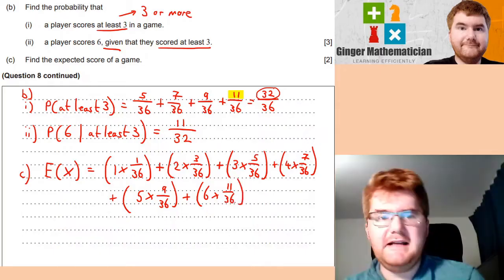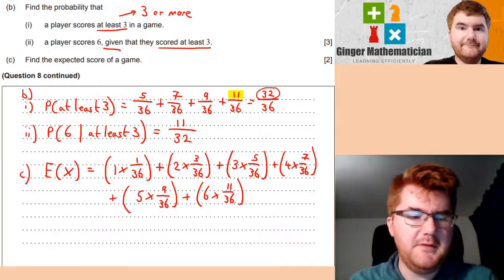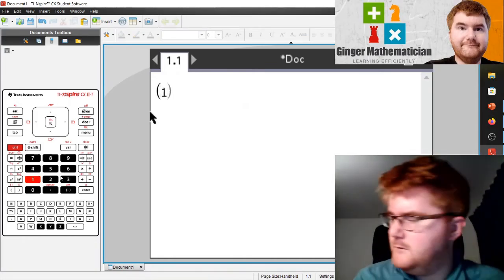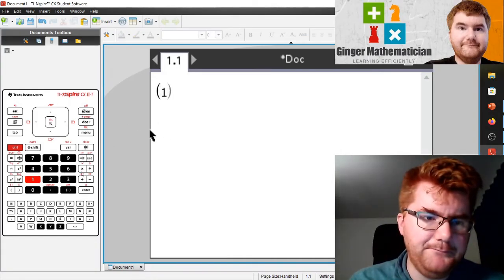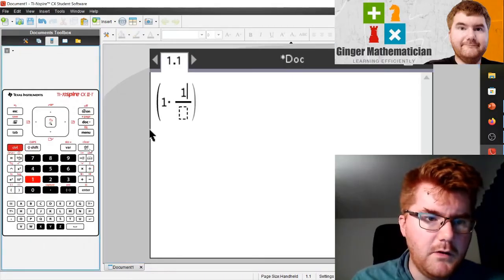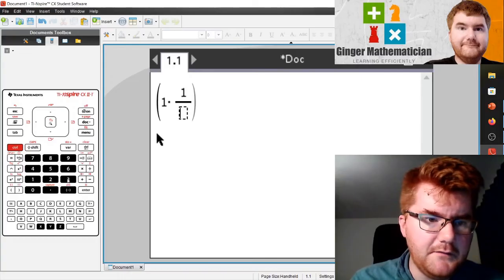So let's go to my calculator, pop this in, and see what we get. So we're going to type this in. So we get 1. Let's try and do this as quickly as we can. So times fraction button 1 out of 36.